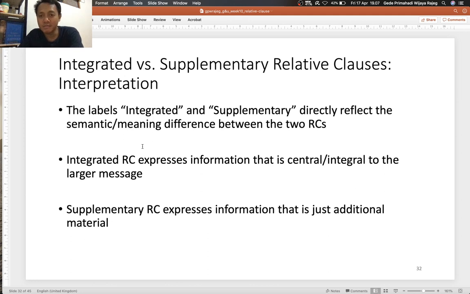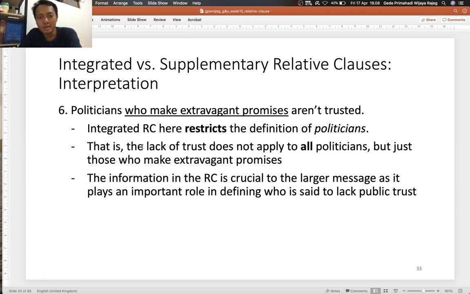That's the general idea. But if we look at the real examples 6 and 7, we get different interpretations. In example 6, politicians who make extravagant promises are untrusted, the relative clause restricts the definition of the politicians.